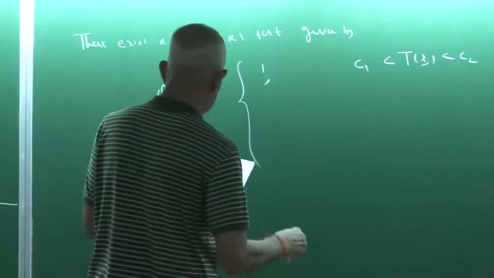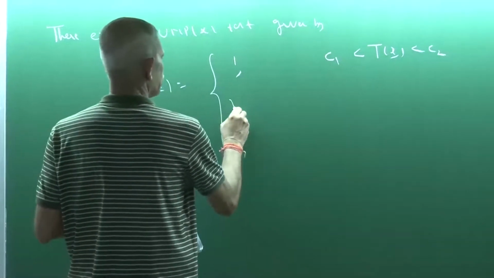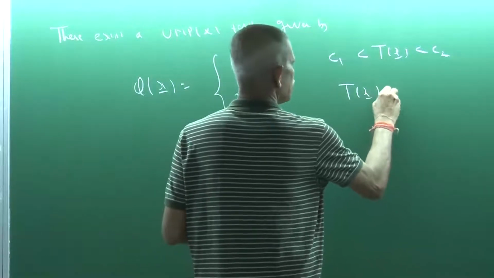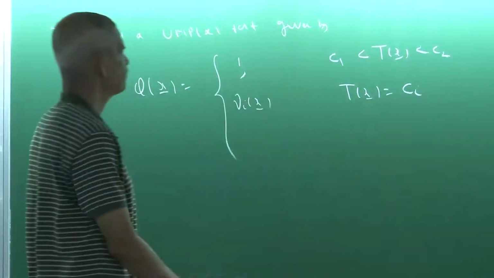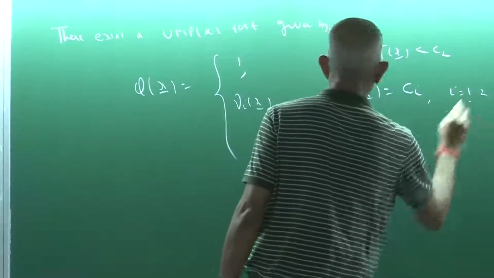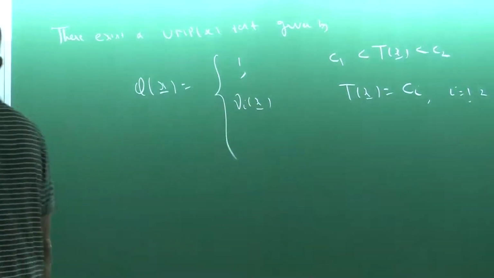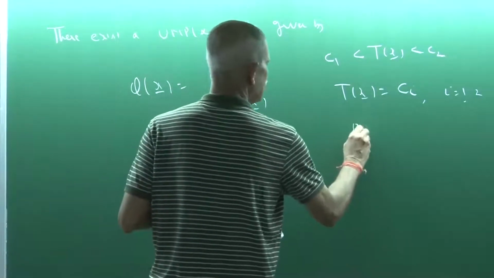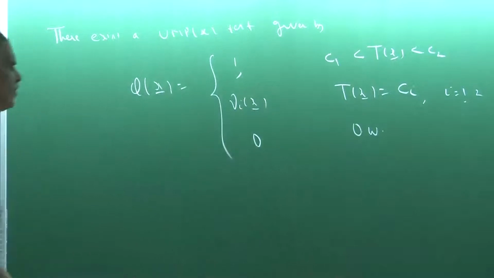phi x equals gamma i, if T x equals c i, i equal to 1 to 2, and 0 otherwise. And how are these c1 and c2 chosen?